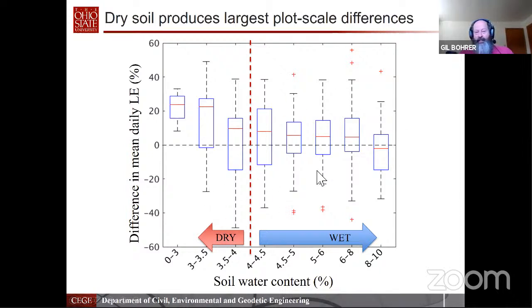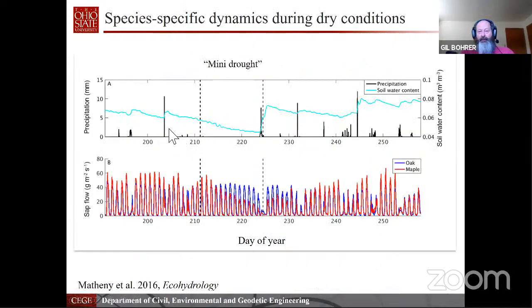The control site and the disturbed site are transpiring exactly the same when the soil is wet. When the soil is dry, the control site is transpiring more. So stress is affecting the disturbed site more than the control site. So something in the new species composition, by removing aspen, means the new species can't handle stress as easily as the aspen could.